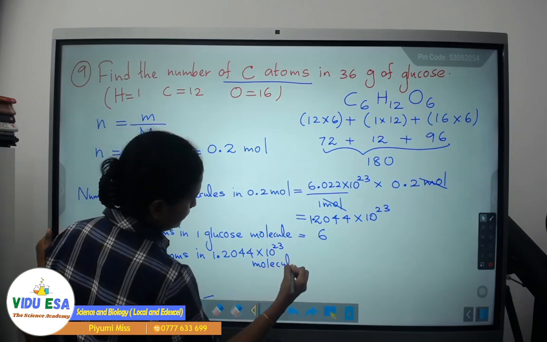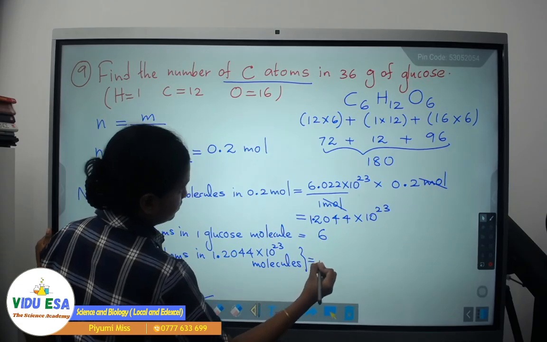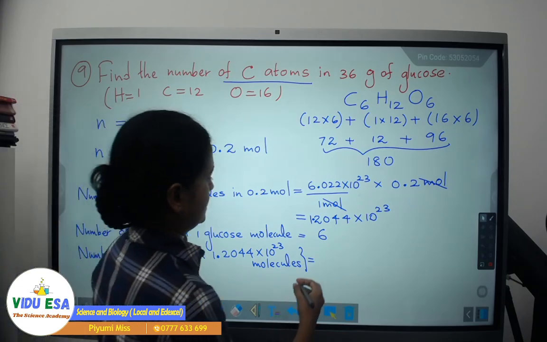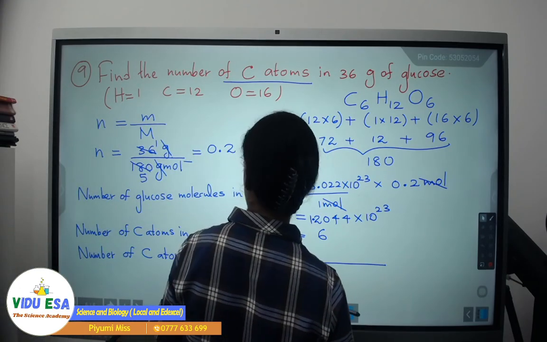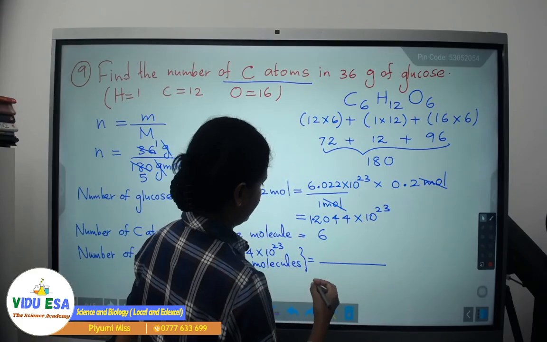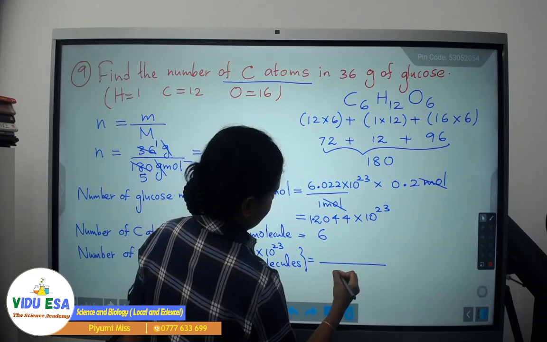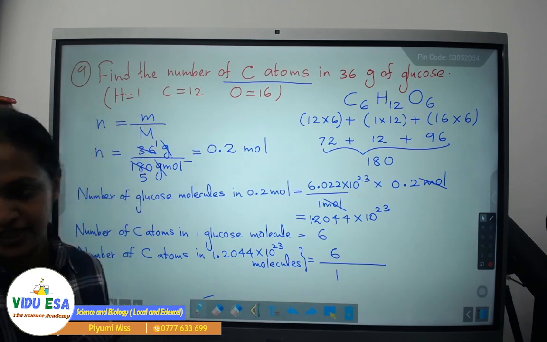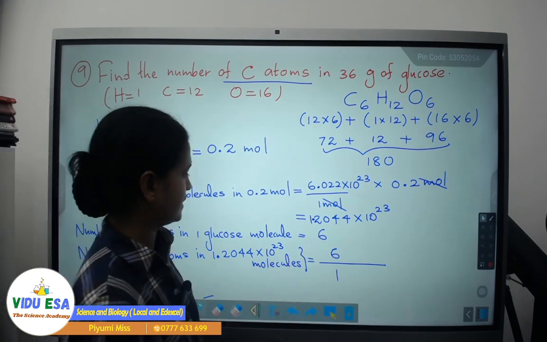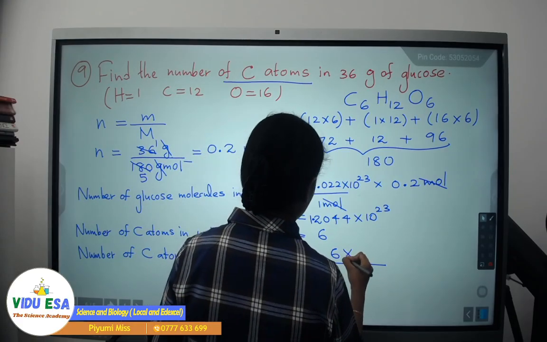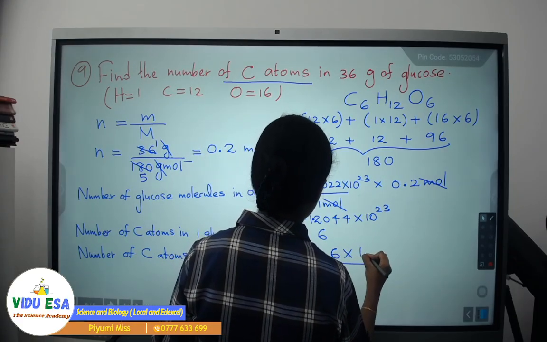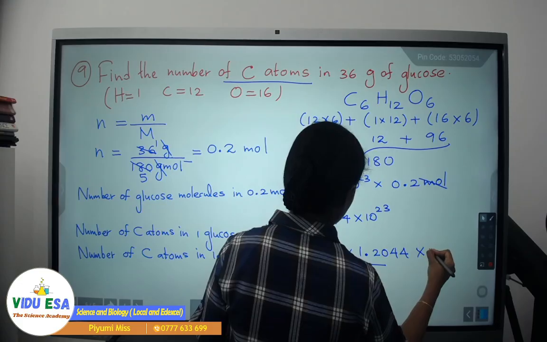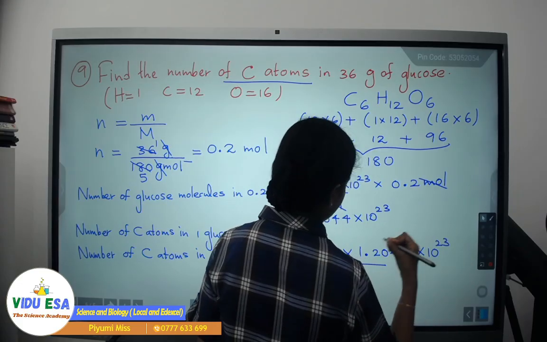Because this much of molecules are there in 36 grams. Now what should we do? Yes, number of carbon atoms. In one molecule we find 6 carbon atoms. Therefore, how many carbon atoms are there in 1.2044 into 10 to the power 23 number of molecules?